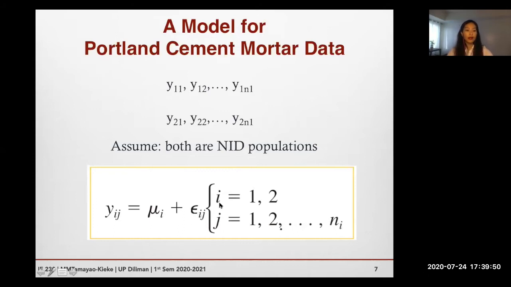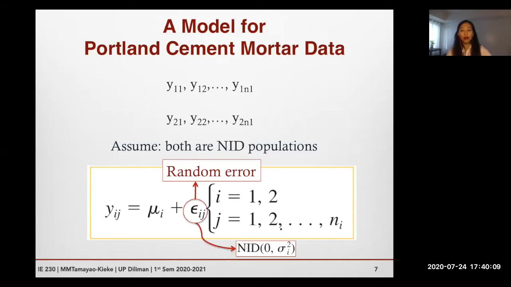It is a random variable associated with the ijth observation. Now we also assume that eta_ij are normally and independently distributed with mean 0 and variance sigma squared.